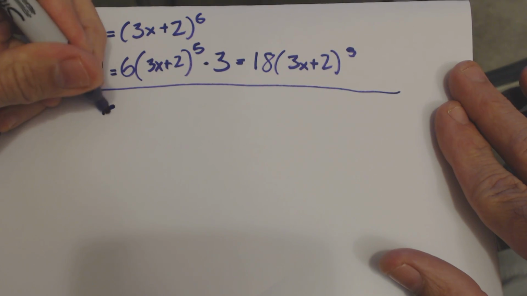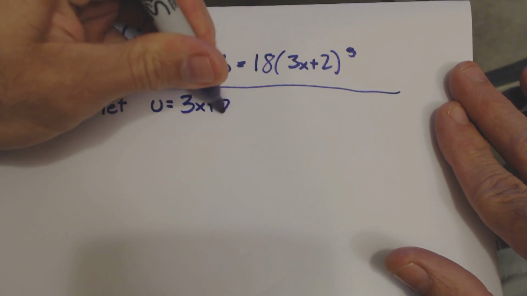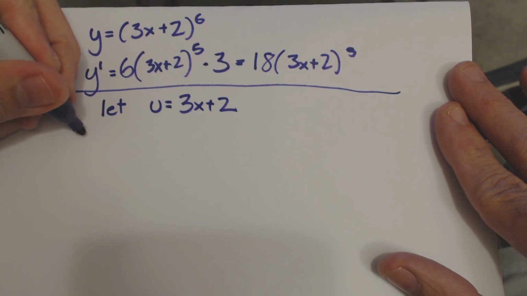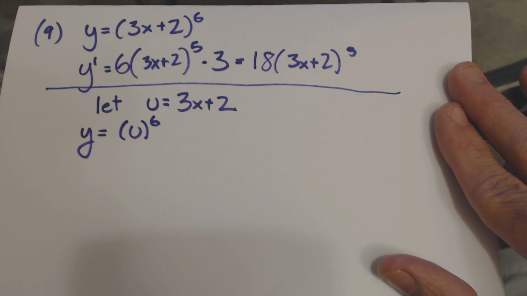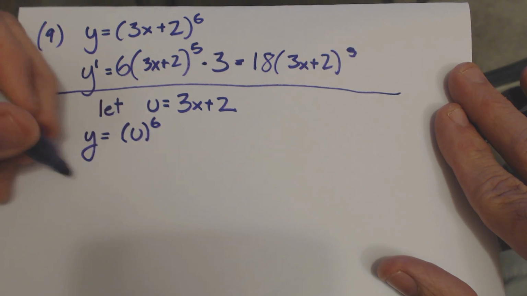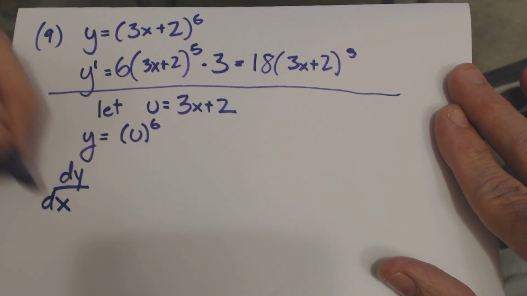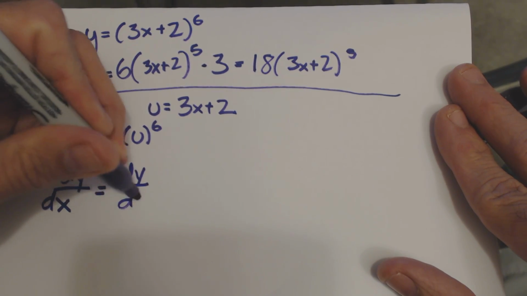So why don't you let u equal 3x plus 2, and then we have y equals u raised to the 6th power. And because we want to get dy dx, we're going to need to get dy du first.